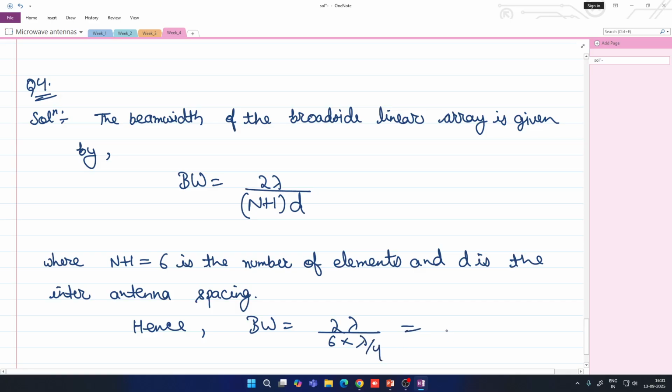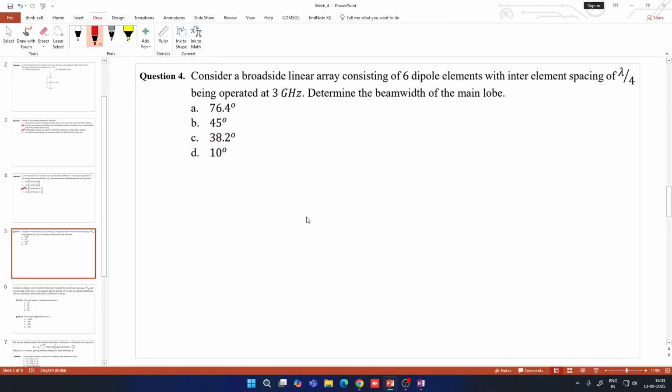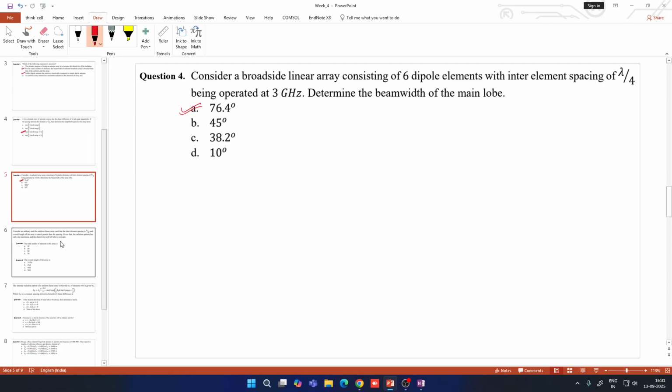When you solve this, we will get 4 by 3 or 1.33, and if we convert it into degrees, it comes out to be 76.4 degrees. Now if we match it with the given options, option A is correct. I hope this is clear. Now we will move on to question number 5.